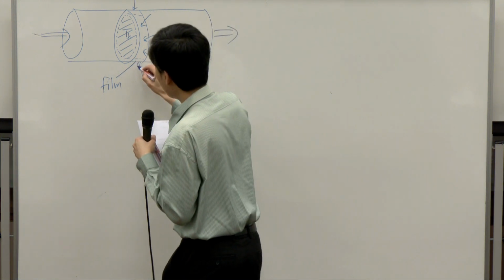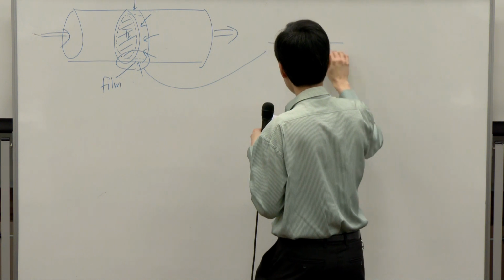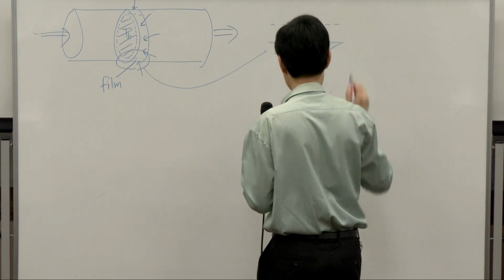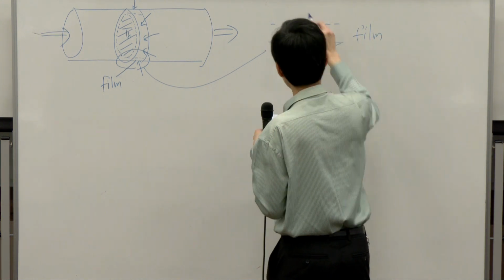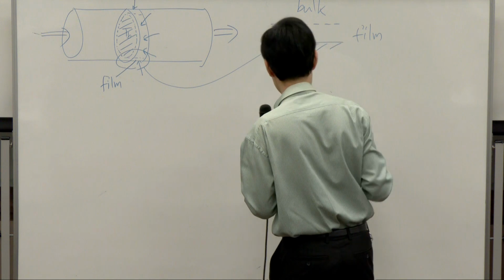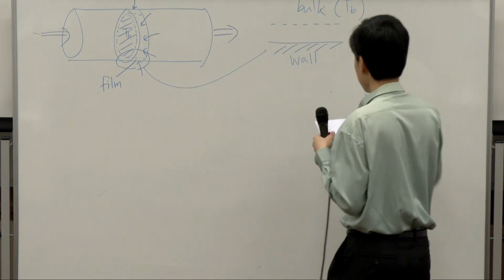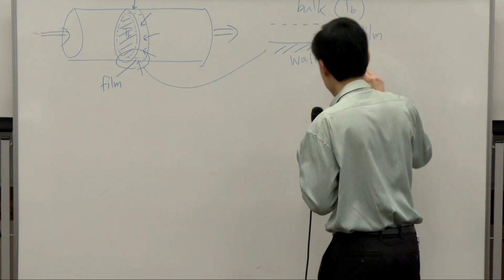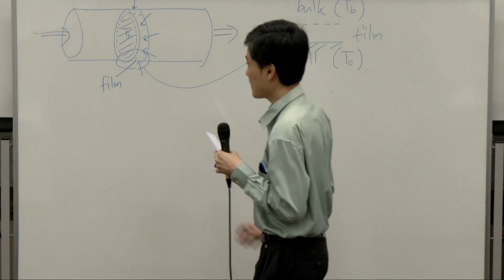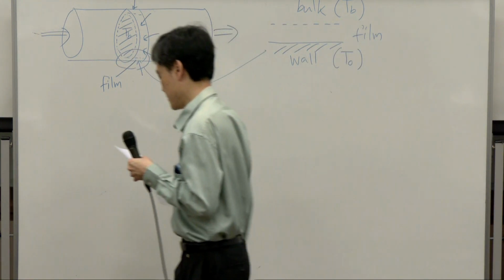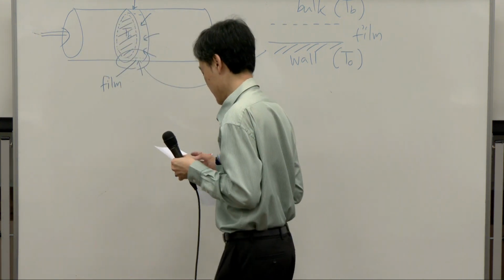So if I look at this position, I get the wall. This is foam. This is wall. And out here, it is bulk temperature. The temperature of bulk is TB. The temperature of the wall, let me call this one T0. Okay? So for this small slice, I can do the calculation using Newton's law of cooling.